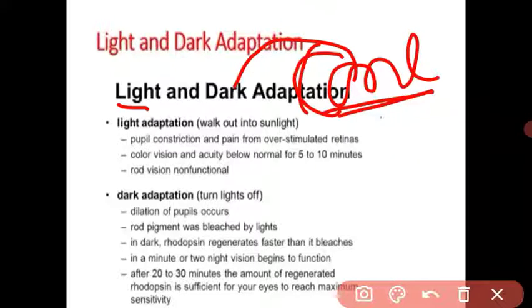Within a few minutes we cannot see clearly, and then the rod cells secrete the rhodopsin pigment and after a few minutes we are able to see in the dark room. Why? Because the rod cells are activated. So in the short period of moving from a light area to a dark area, the cone cells are non-functioning and the rod cells are functioning.